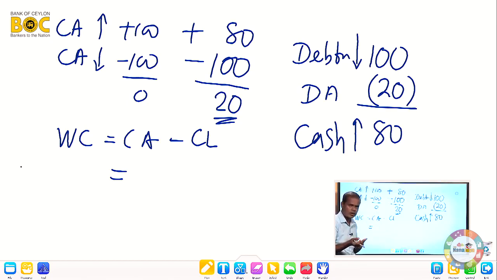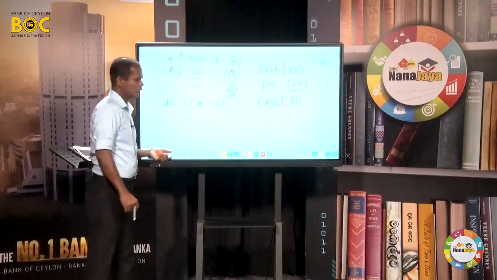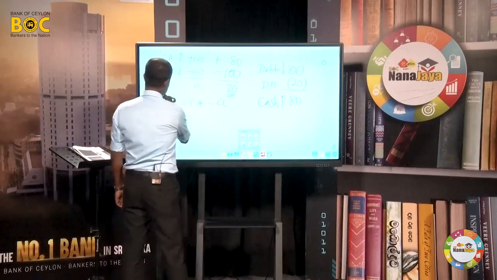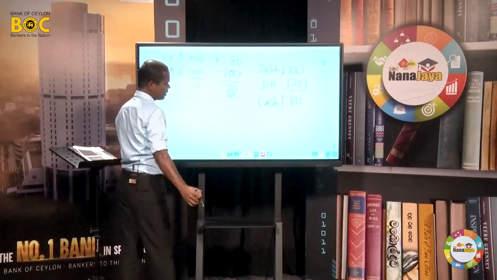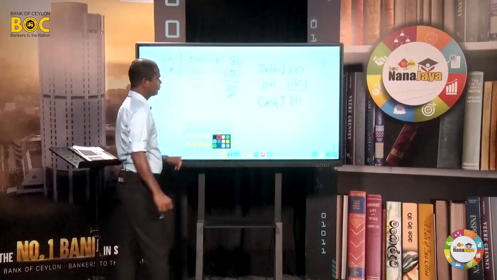Two different situations. The first situation, no impact on current assets. Why? Your debtors decreased by 100, cash increased by 100. There you don't have any impact.